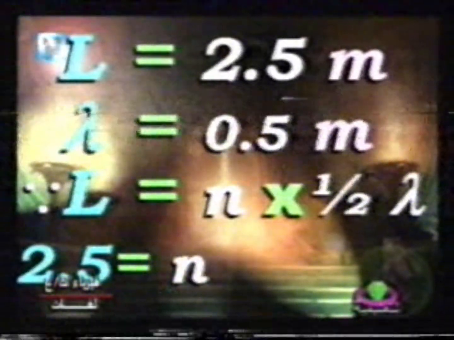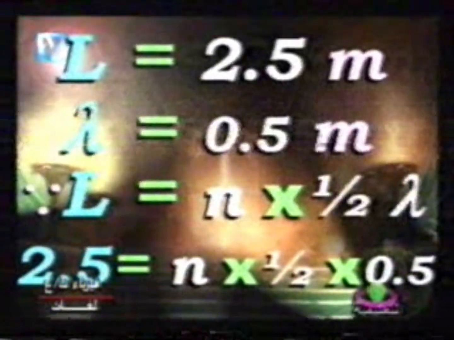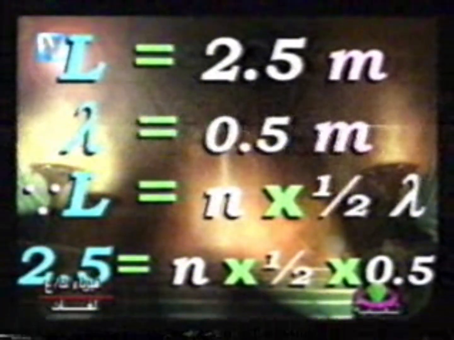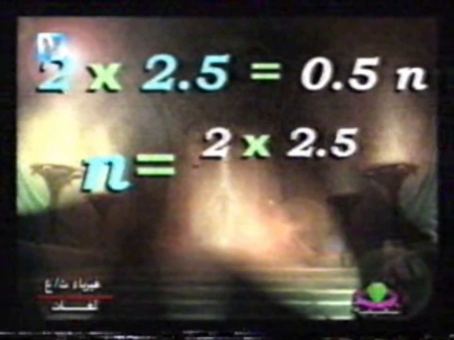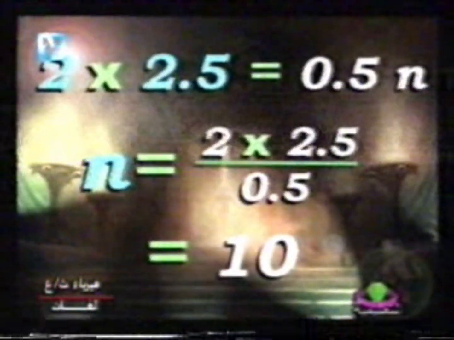So 2.5 equals N times half of 0.5. Therefore, 2 times 2.5 equals 0.5 N, from which N equals 2 times 2.5 over 0.5, which equals 10. Therefore, the string emits the 10th harmonic or 9th overtone.